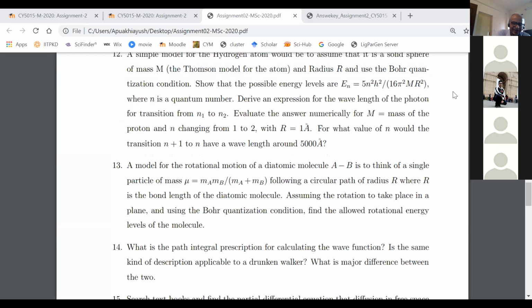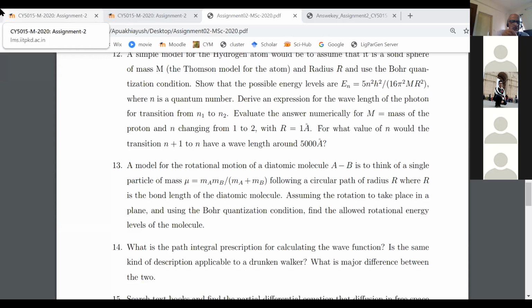You will see that the rotational motion of such a diatomic molecule is equivalent to the rotational motion of one mass whose value is actually equal to mu.